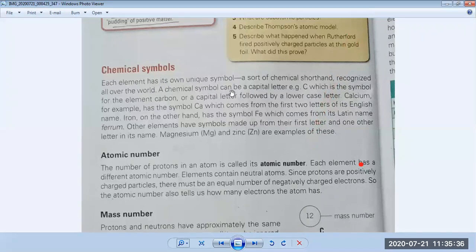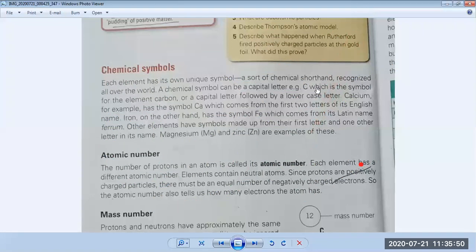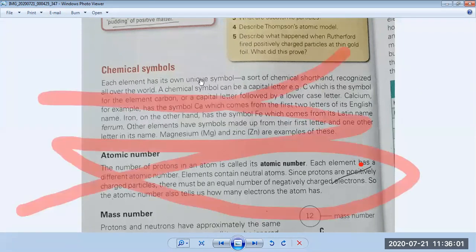A chemical symbol can be a capital letter, and the symbol we write should always be a capital letter. For example, C is the symbol for the element carbon. A symbol can also be a capital letter followed by a lowercase letter.